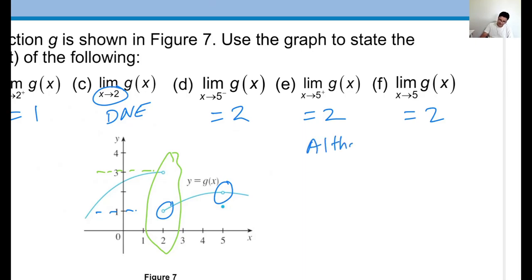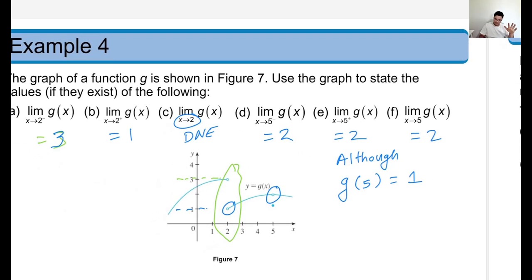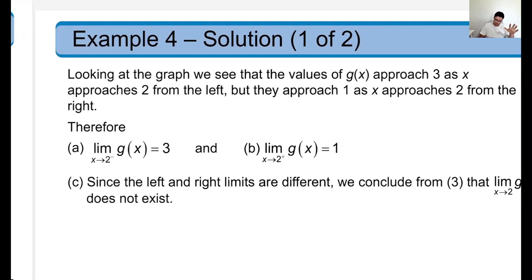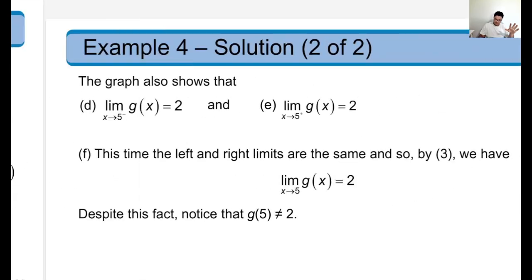And I'll make the note here: although g of 5 itself was equal to 1. The limit is 2, although the value of the function is 1. Good. And here are the solutions, despite the fact, all of that you can observe.